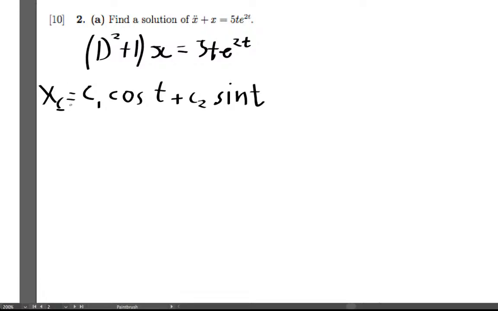Okay. But this is only xc. We also need to figure out... Oh wait, actually. The first thing I was thinking, like, wait a minute. You only asked me to find a solution. Then why do I even care to write it in this way?